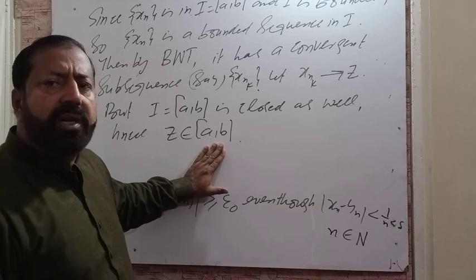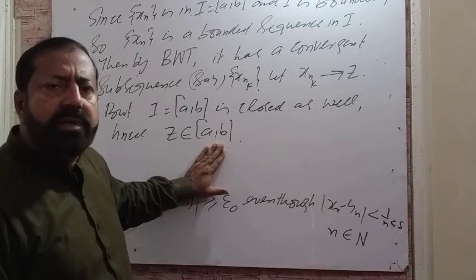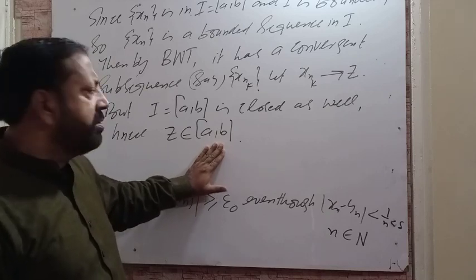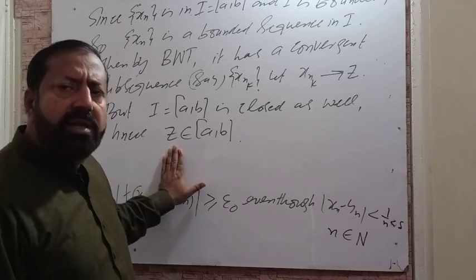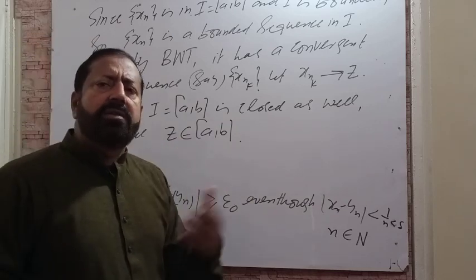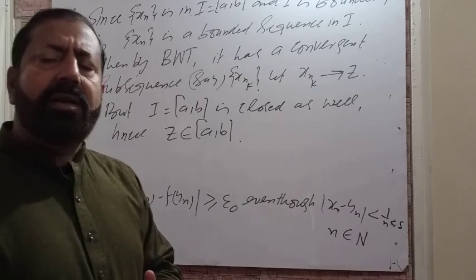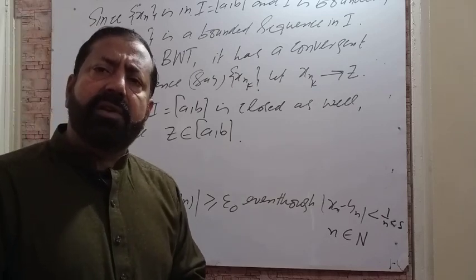Now if I can show that the subsequence of yn, which is ynk, is also converging to this z, then it would be easy for us to establish the negation of the definition of continuity.